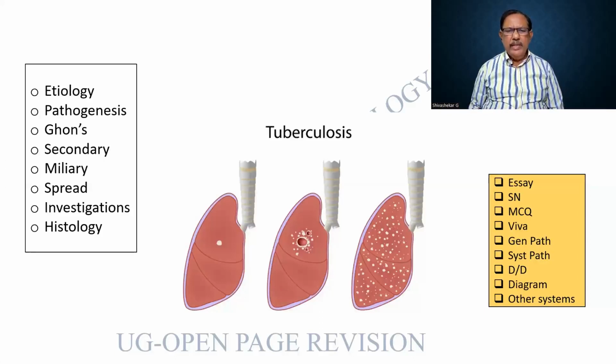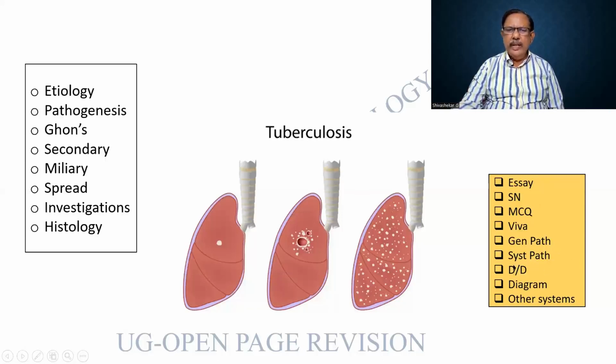Not only the acid-fast stain, I would like to have auramine rhodamine stain also. Why is this topic important? It can come as an essay, short note, many multiple choice questions, viva definitely, specimen, and questions. It can come in general pathology because of infections, systemic pathology because of the respiratory system, and the bone also.